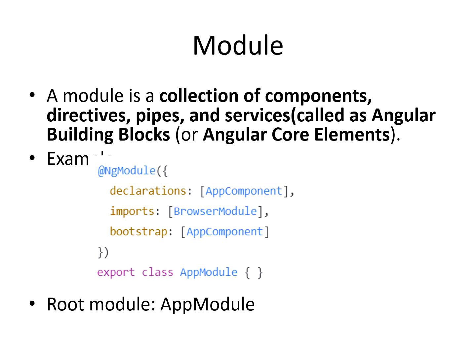Declarations takes an array of components. Imports holds, as an array, the names of any additional modules we import for this project. Bootstrap specifies which component should be started first when multiple components are available, that is the root component.